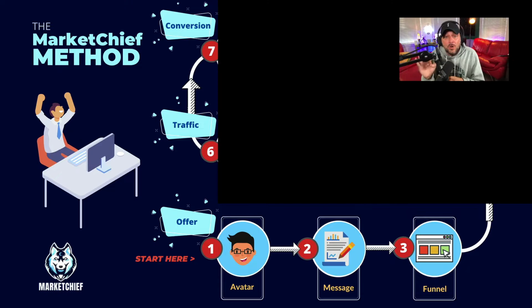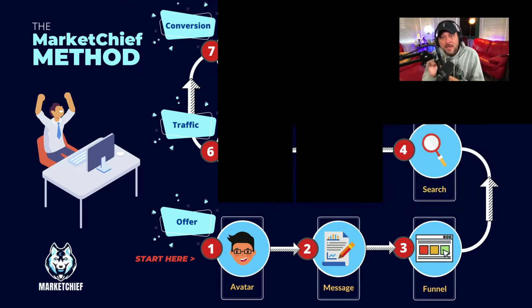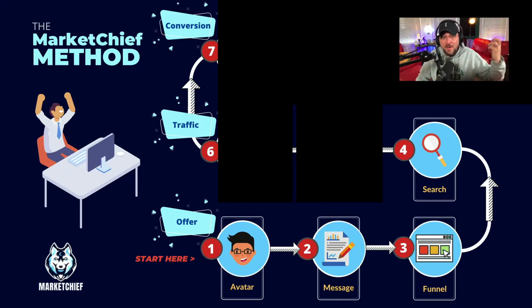Now, step 4 is you're going to focus on search engines. Now, I don't mean go and spend 2, 3, 5, 10, 100 grand on search engine optimization. What I'm saying is you want to focus on basic things like your keywords, what keywords are being searched for the most, and you want to focus on local. Local search.